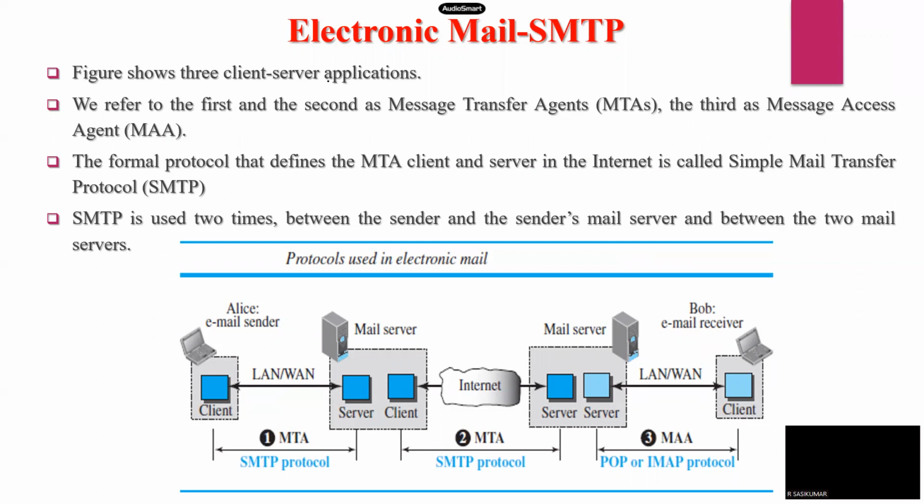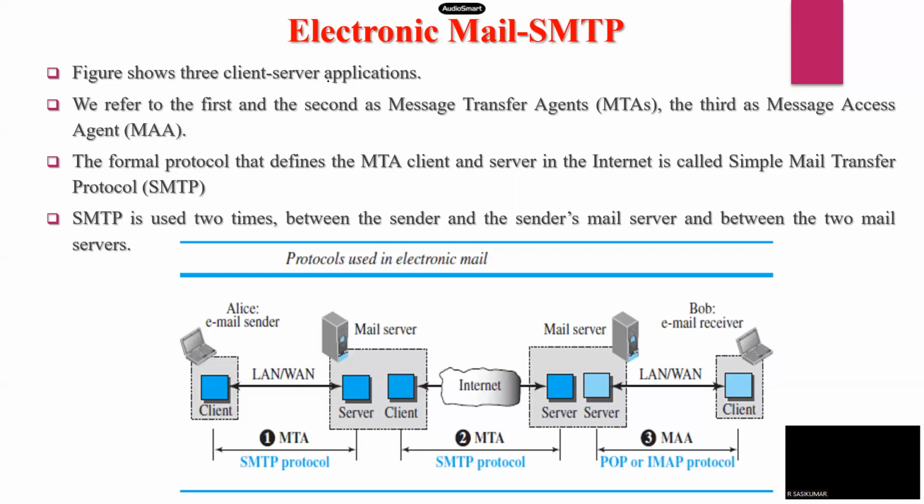The formal protocol that defines the MTA client and server on the internet is called the Simple Mail Transfer Protocol. With the help of the SMTP protocol, the client can communicate with the remote server. SMTP is used two times: between the sender and the sender's mail server, and between the two mail servers.